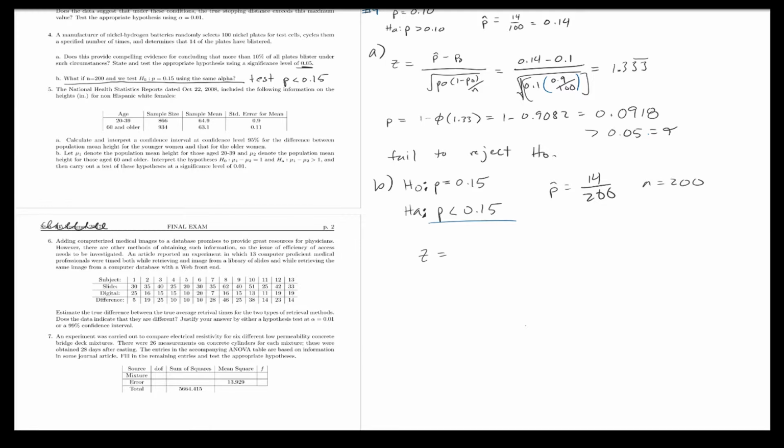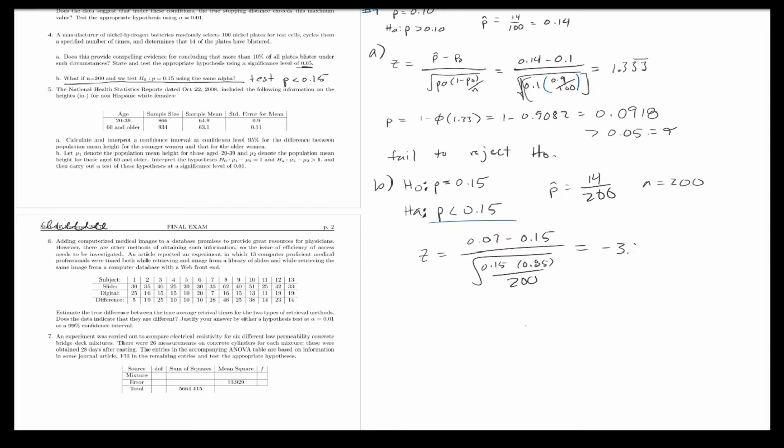So z now is going to be, let's see, 14 over 200 is 0.07. So 0.07 minus 0.15 over the square root of 0.15 times 0.85 over 200. Aha, very good.